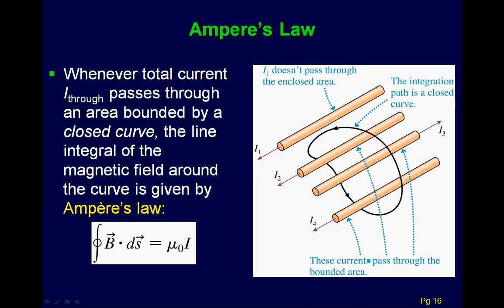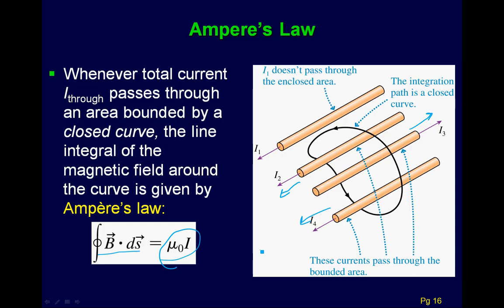And so here we were talking a little bit about the left-hand side. The right-hand side is literally just you look at how much current is going in through that loop. In the example here, there was a current I2 going this way, a current I3 going that way, and a current I4 going that way. Basically what you do here is you pick one side to be the positive direction.